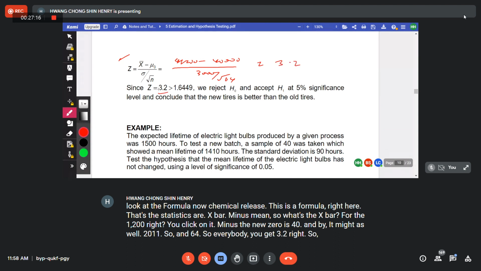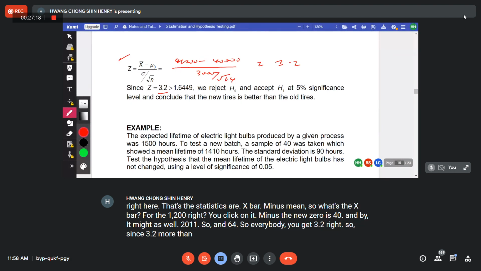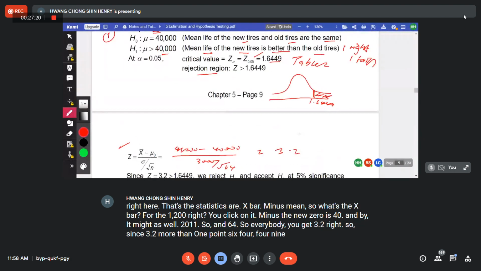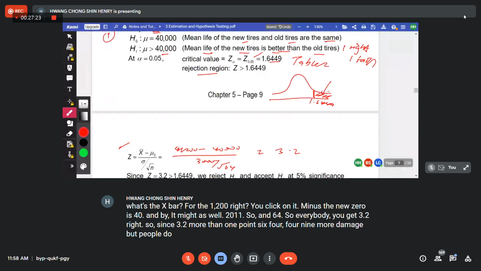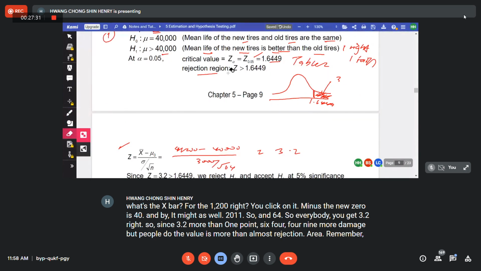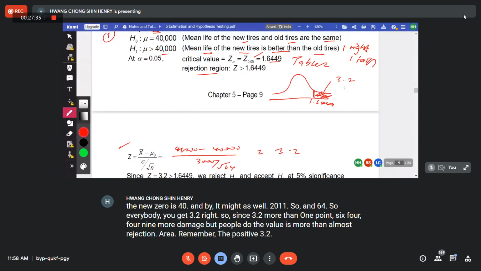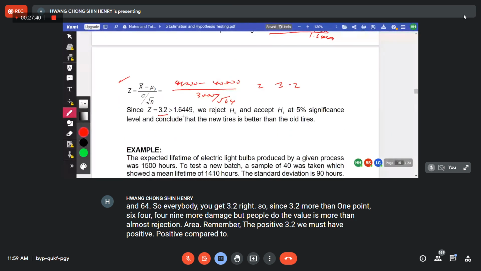So since 3.2 is more than 1.6449, more than means what? The value 3.2 is more than 1.6449. So this is the rejection. Remember the shaded one? Now remember, the positive 3.2, you must compare positive with positive.